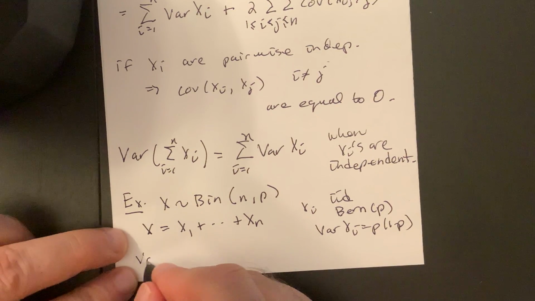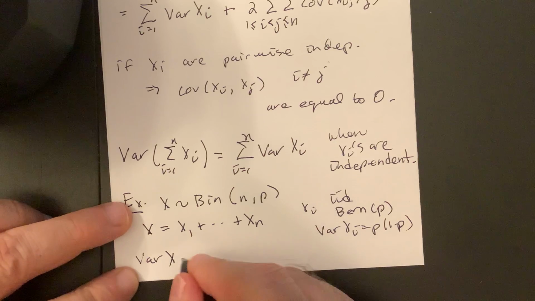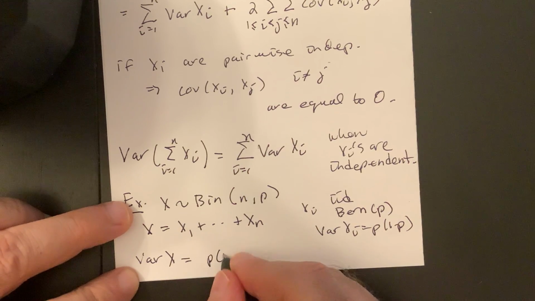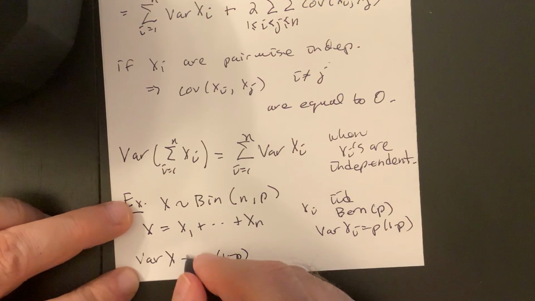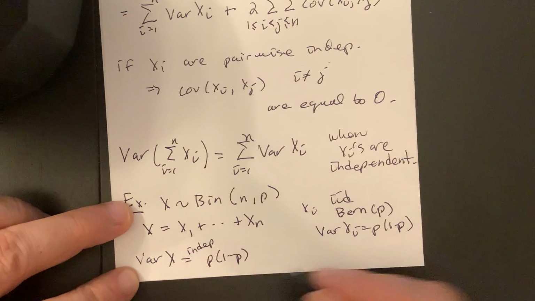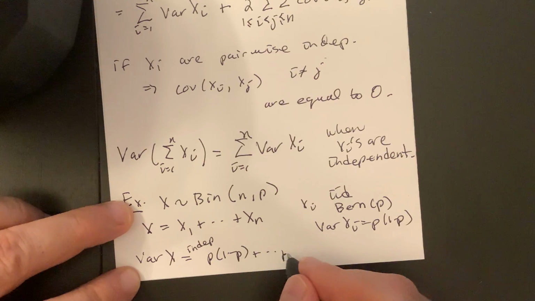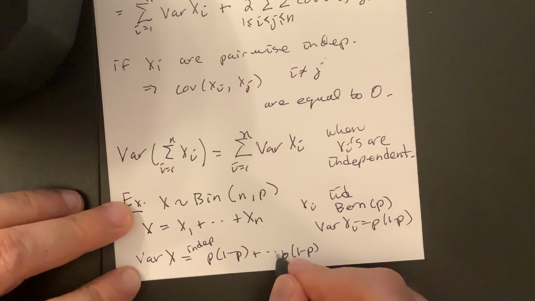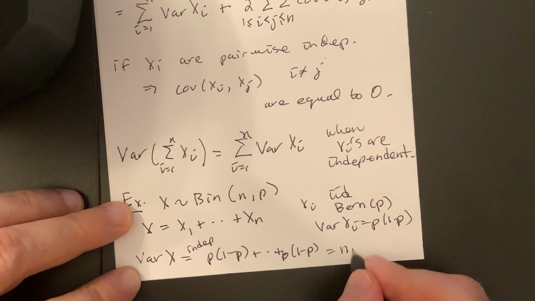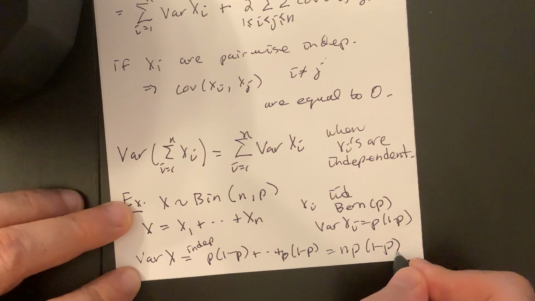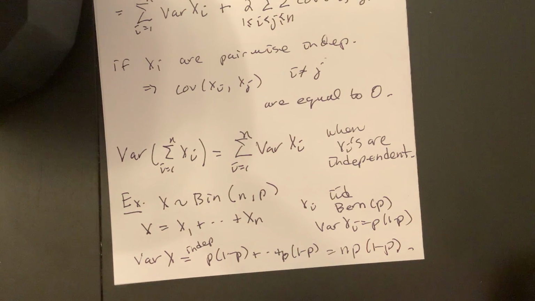So the variance of x is equal to n times p(1 minus p), by independence I can just sum. Okay. All right.